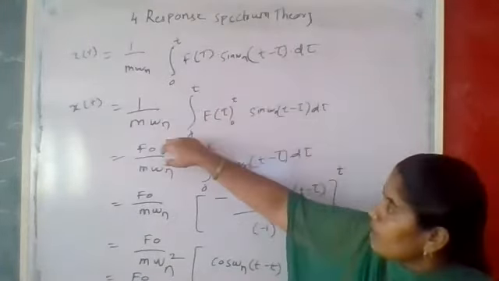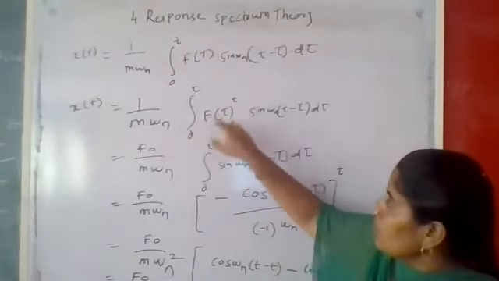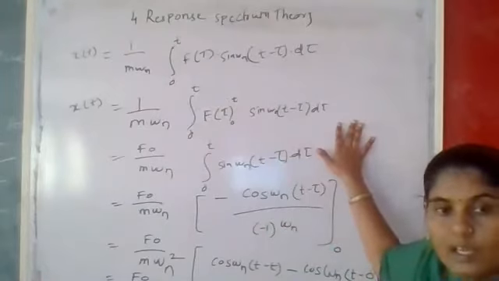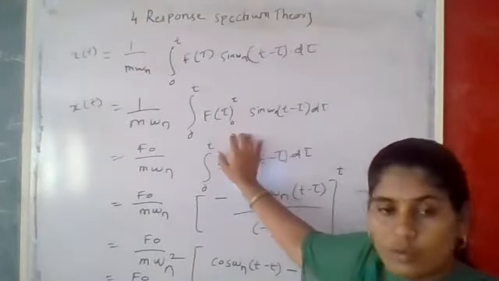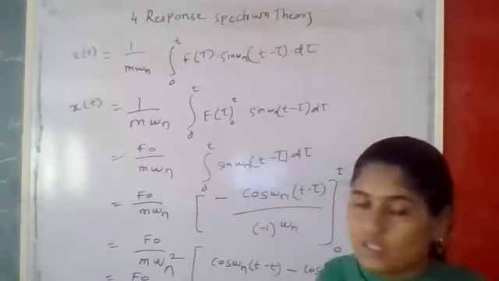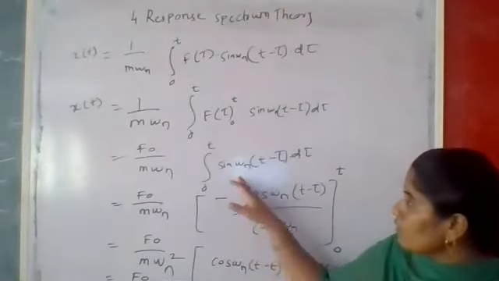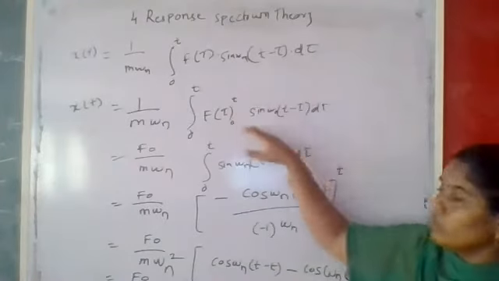1 upon m omega n is the outside term, then the integration from 0 to t of f of tau into sine of omega n (t minus tau), with time going from t is equal to 0 to t is equal to t. Since f of tau is a constant, we take it outside, that is f naught. Again, we have to take the integration of the term sine of omega n (t minus tau).